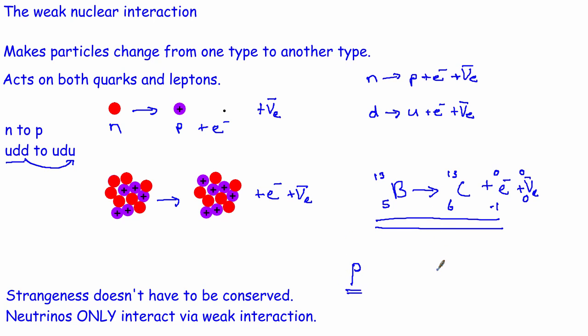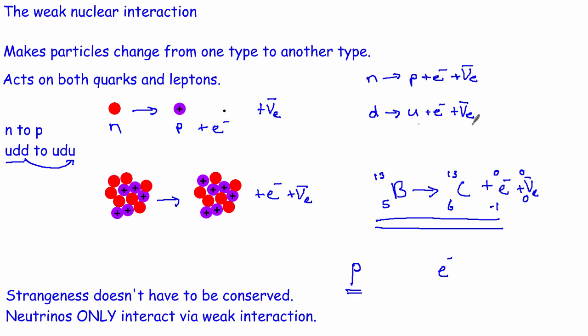And also, the electron is the only stable lepton with mass. So in the end, if everything was free, every single baryon would become a proton, and every single lepton with mass would become an electron. So that's basically the weak interaction.